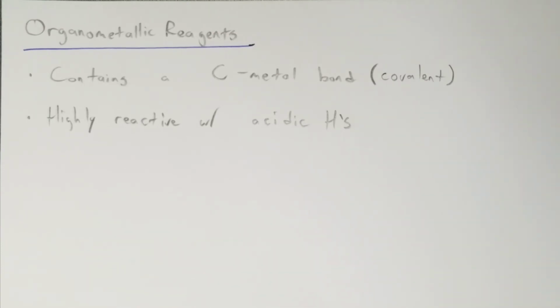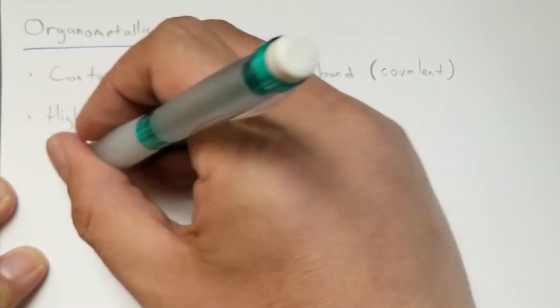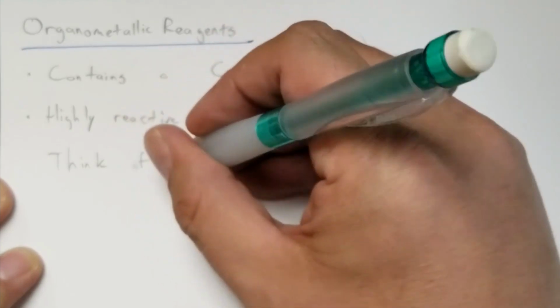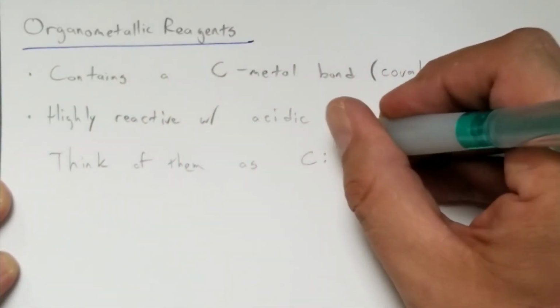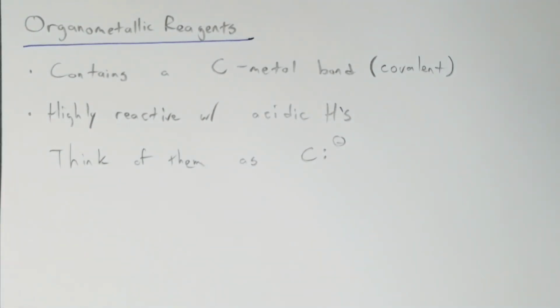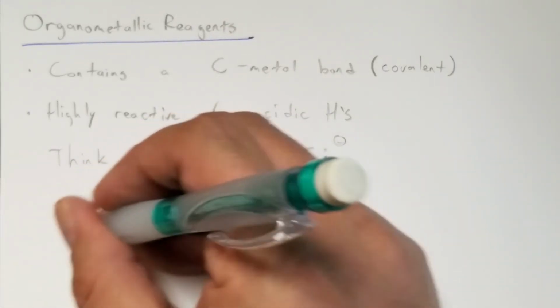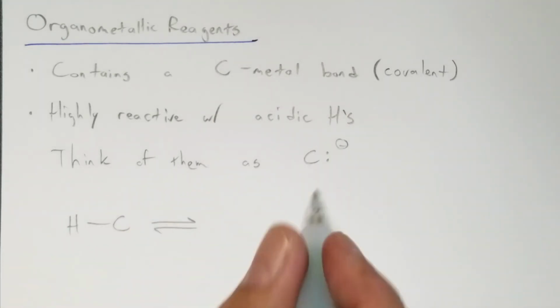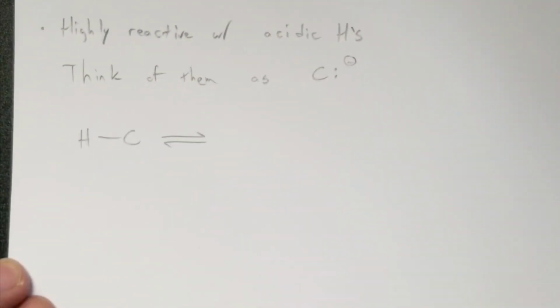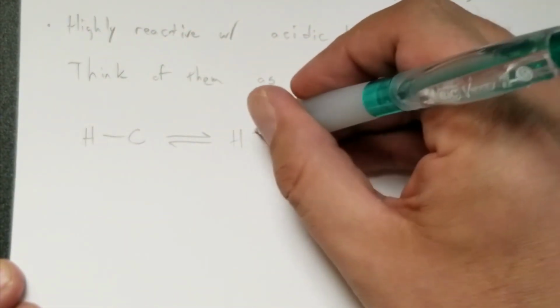Generally, the way you want to think about these reagents is that they're kind of like a C- reagent. So think of them as C-. With that analogy, we can think of why they would be so reactive. Imagine we have this bond, and to get a C- this way, you get an H+ and a C-.